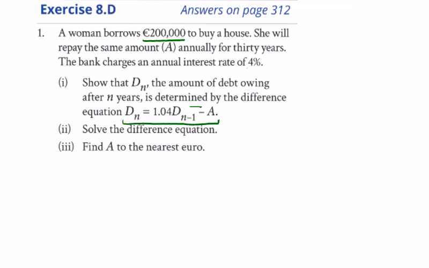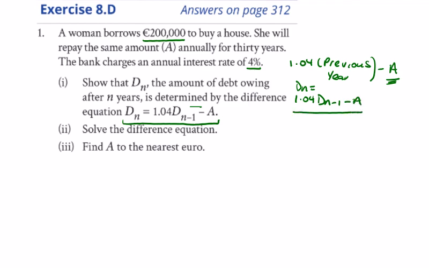So if the rate is 4%, we always owe 1.04 times the previous year's amount, minus the amount that we pay back, which is A. So we get d_n, the amount owed at any time, equals 1.04 times the previous year, d_(n-1), minus A. That's what you're asked to do to show it.